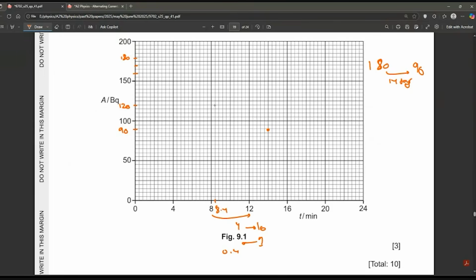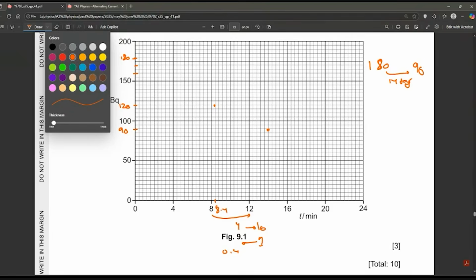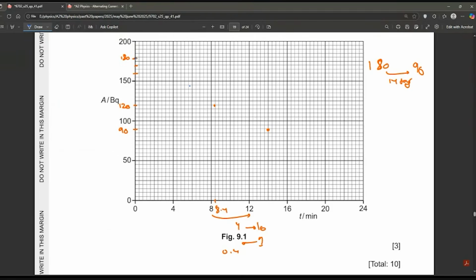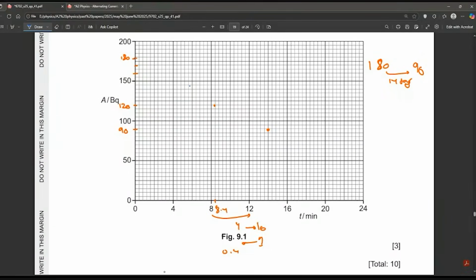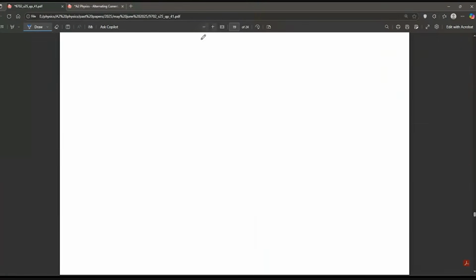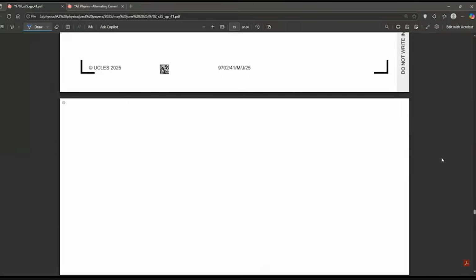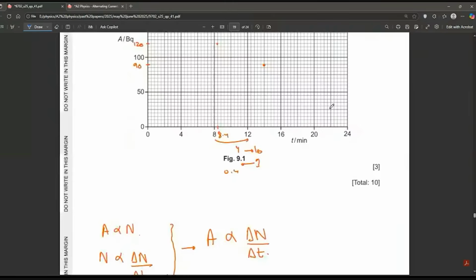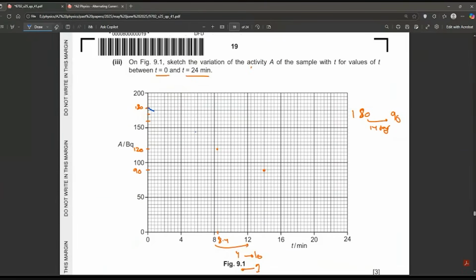How will you draw the graph? हाँ जी, ग्राफ किस तरह बनेगा? You will draw basically a graph with negative gradient like this. One second. Hanji, let's draw the graph.